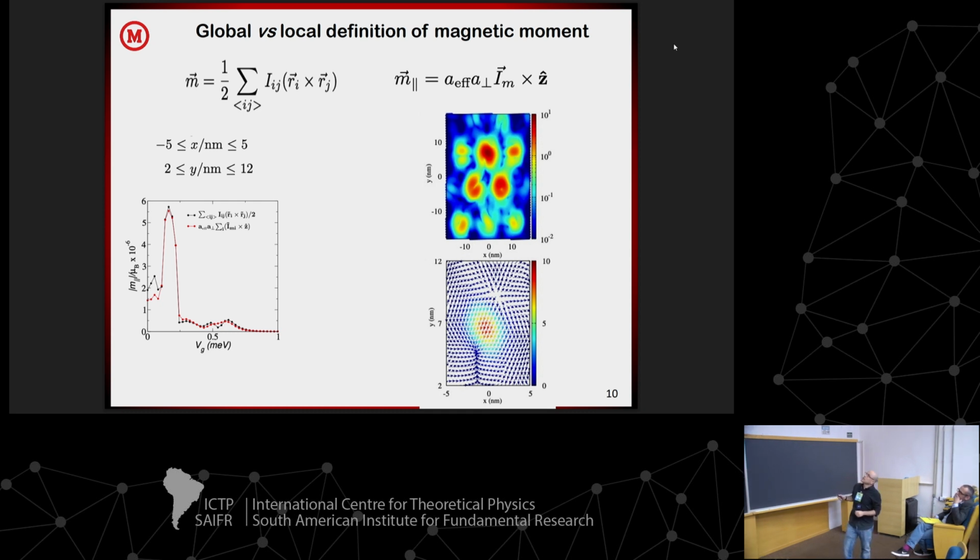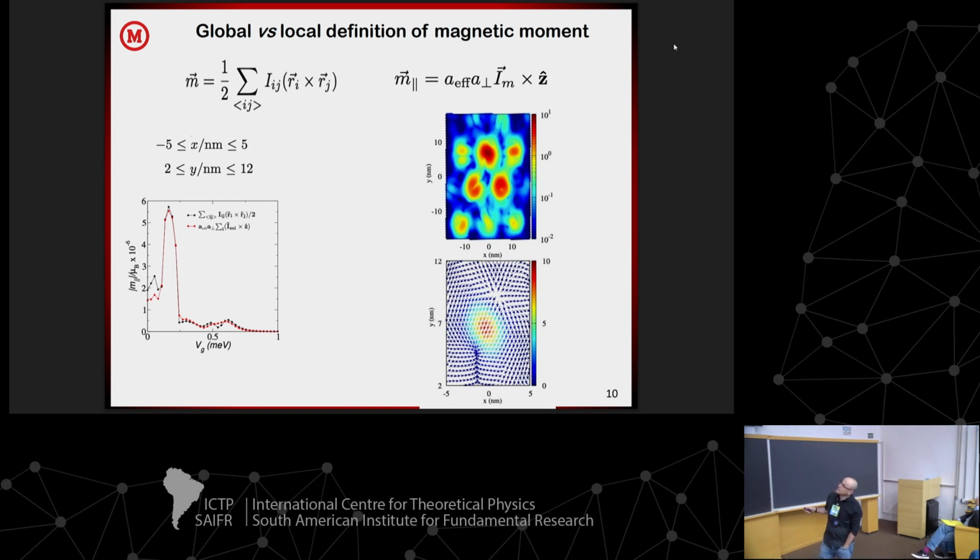And we calculate the in-plane magnetic moment, but basically we want to check if the value of the magnetic moment calculated from the global formula is equal to the magnetic moment calculated by the local formula. You can see here, the answer is yes, they have similar values, especially this peak. We choose this region with a large value because, as I already mentioned, our local approach is only valid on the stacked regions.